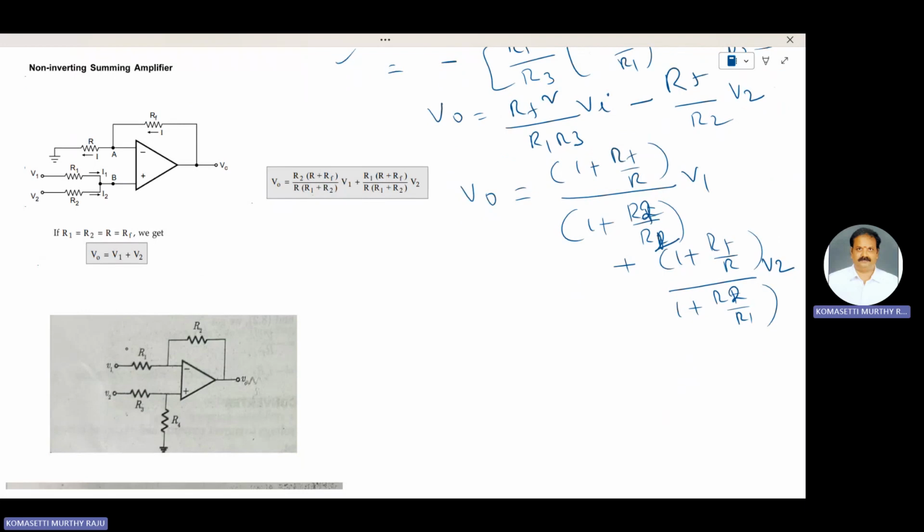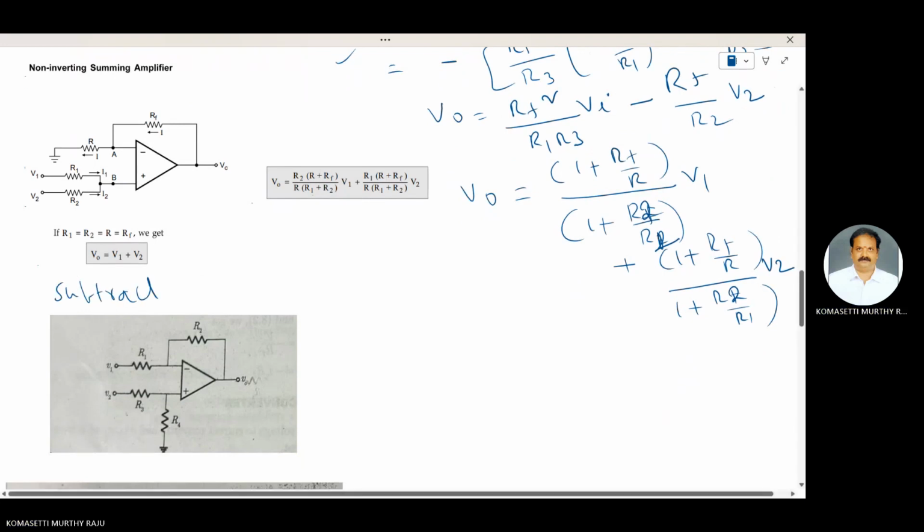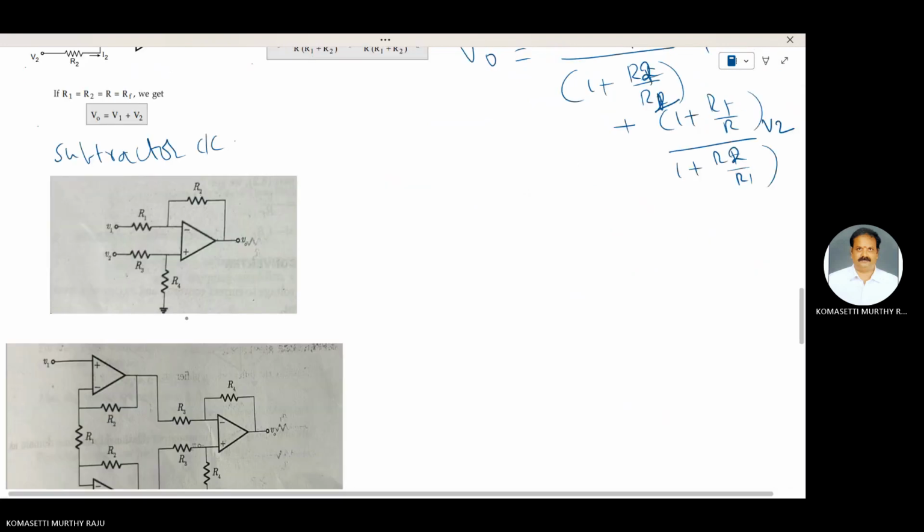This one is the subtractor circuit. V1 and V2 are the inputs and V0 is the output voltage. According to the subtractor circuit, for applying the superposition theorem, we consider only one input at a time. When only one source V1 is present, V2 is 0.